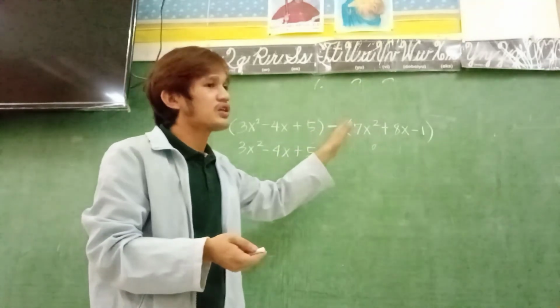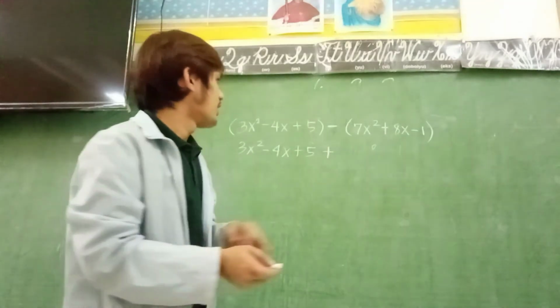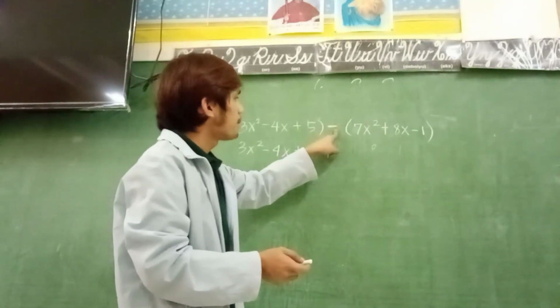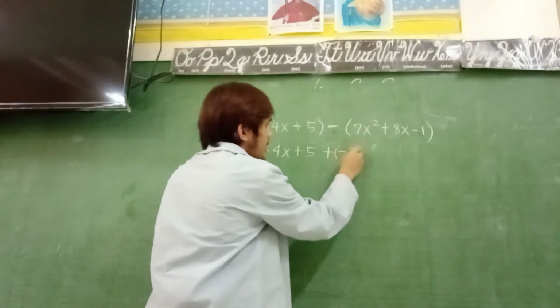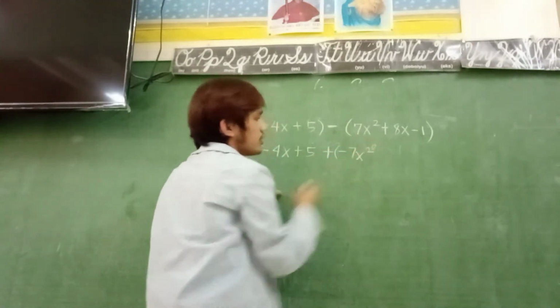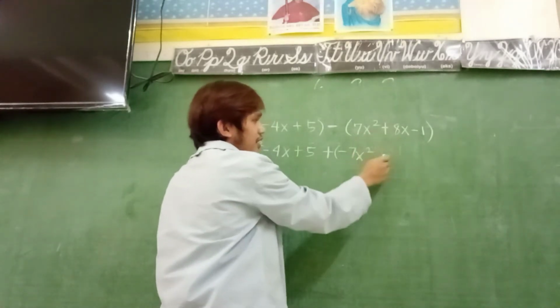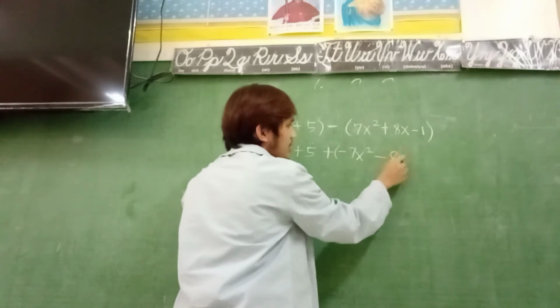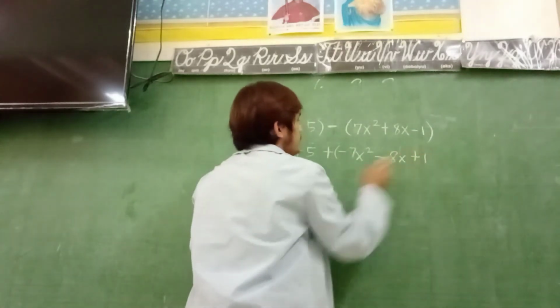And then, we change the sign of all terms ng ating subtrahend. So, this will become plus, and then ito magiging negative 7x squared. Ito ay positive 8x magiging minus 8x. At yung ating negative 1 ay magiging plus 1. Yan.